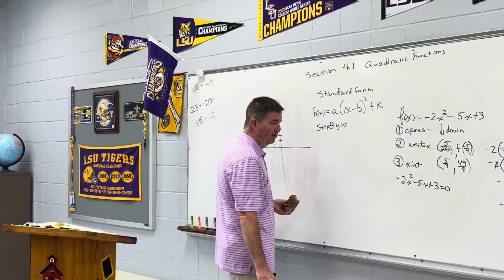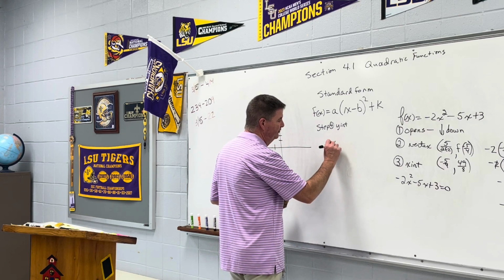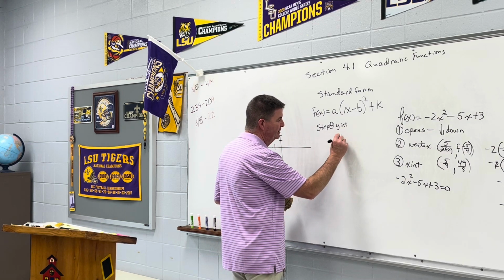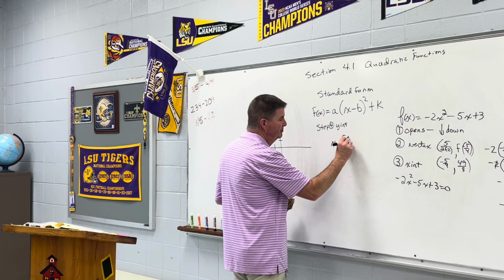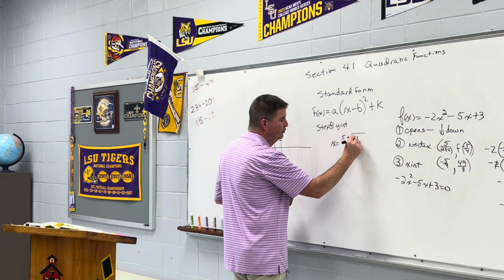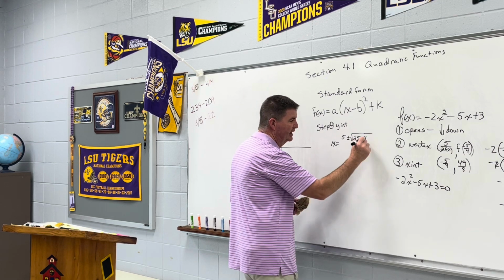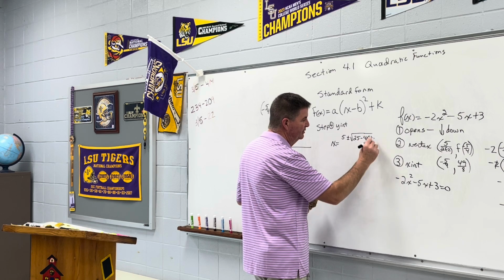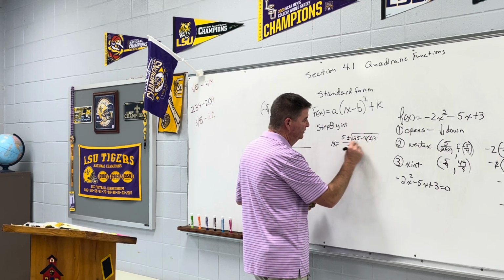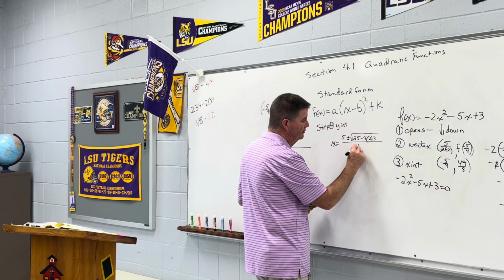You may want to use something else like completing the square. So the quadratic formula: x equals negative b, so that's 5, plus or minus the square root of b squared, so that's 25, minus 4 times a, which is negative 2, times c, which is 3, all over 2 times a, which is 2 times negative 2, which is negative 4.